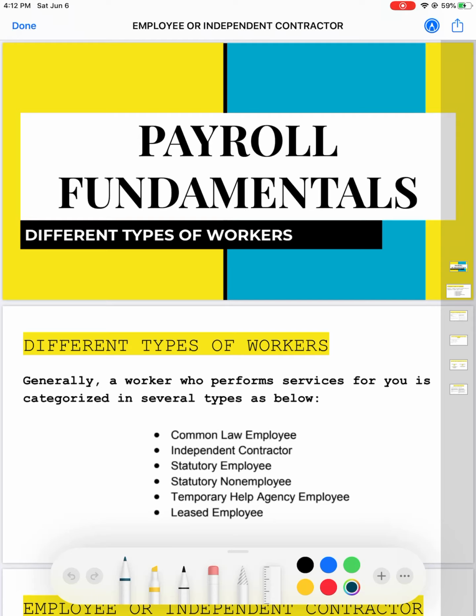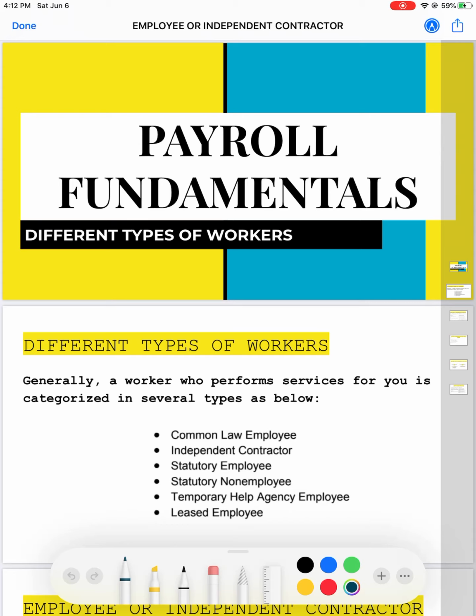The employer has the obligation for employees to withhold the income tax, withhold social security tax, withhold Medicare tax, and then pay the employer's share of social security, the employer's share of Medicare, and also pay the federal unemployment tax on employees.